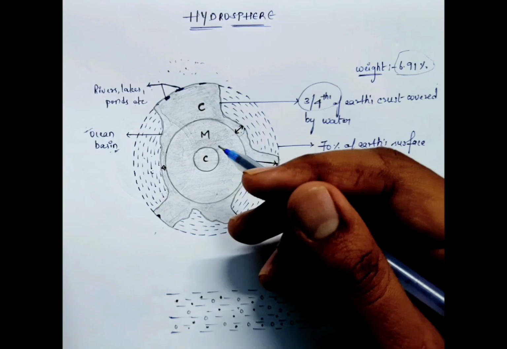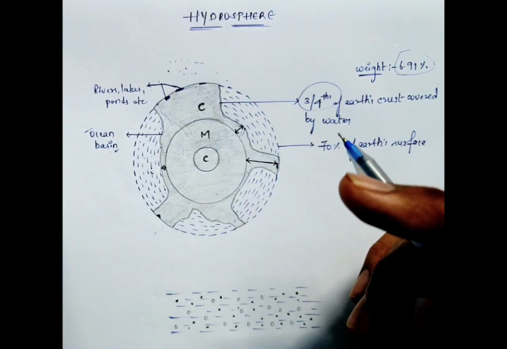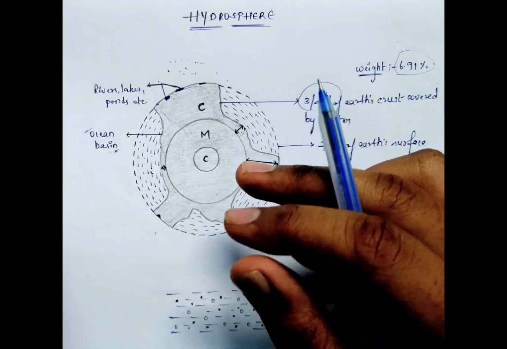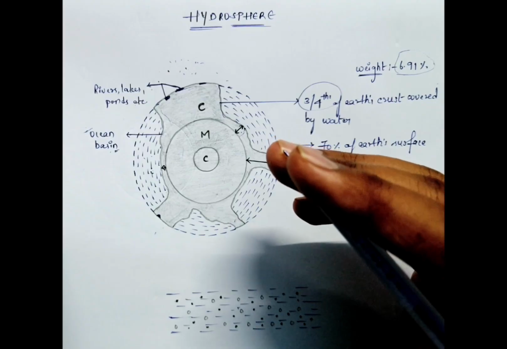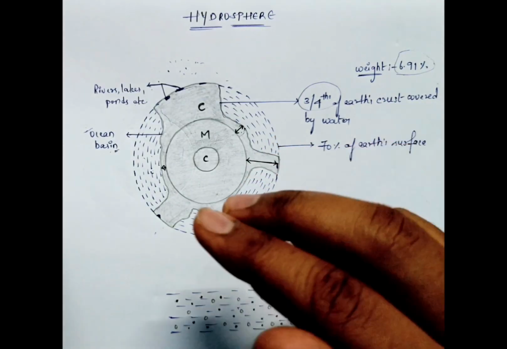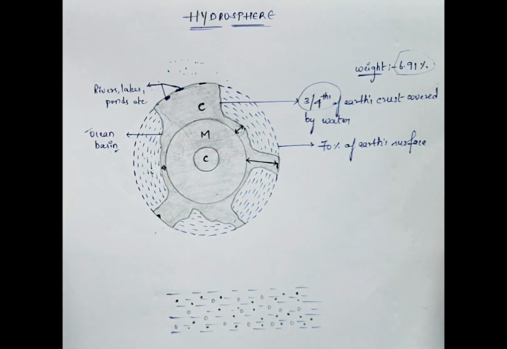And lithosphere contributes 93.06% of Earth's mass. 369. So these are the numbers of Earth's mass contribution by lithosphere, hydrosphere and atmosphere. So you can remember like that easily. So all the spheres covered, friends: atmosphere, hydrosphere and lithosphere. All the main points, about 4 or 5 main points covered in this video.